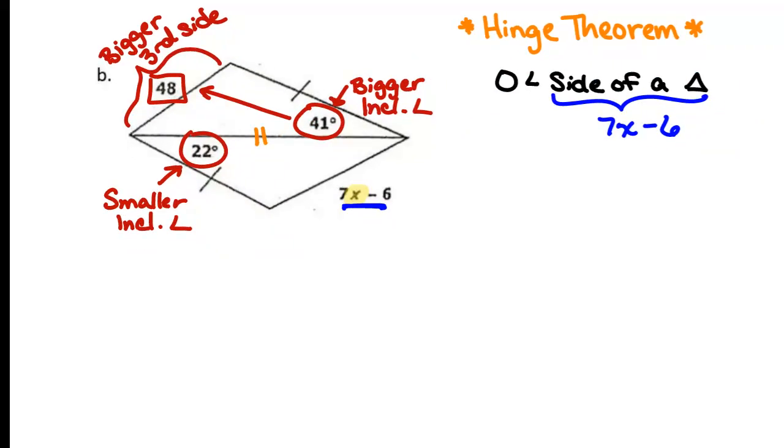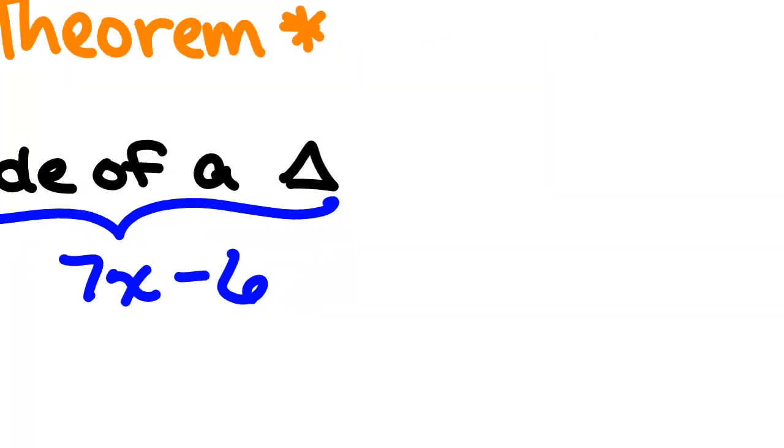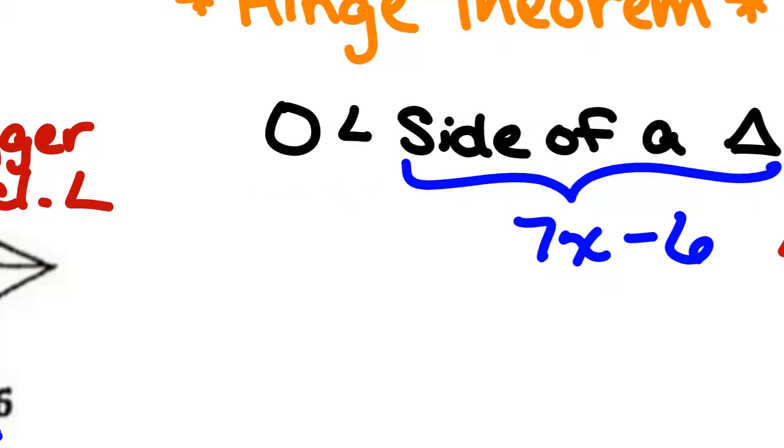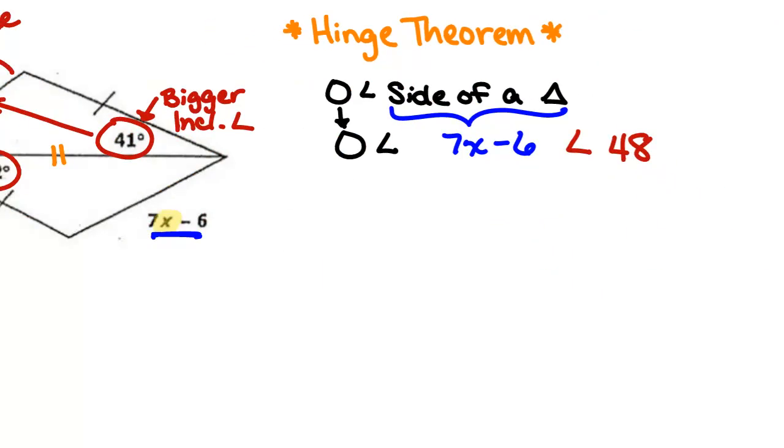If 48 is bigger than 7x minus 6, should I put it on the left or on the right? We're going to put it on the right. 7x minus 6 has to be less than 48. But all sides of a triangle have to be bigger than 0. So I'm going to drop my 0 down here because it still has to be bigger than 0.